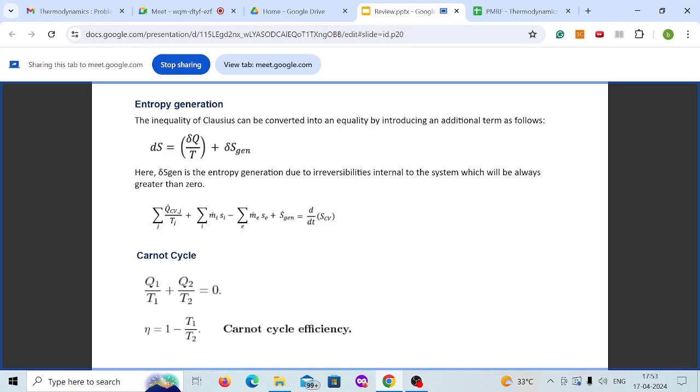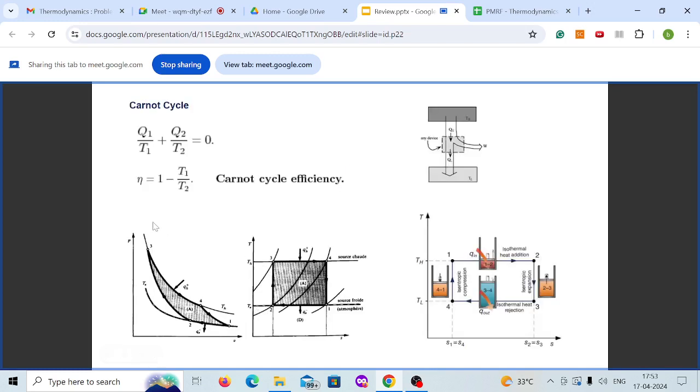So he came up with the idea of creating an ideal cycle which is totally reversible, and estimating the efficiency of a cycle which gives the maximum possible work you can extract from a heat engine. With that he created the Carnot cycle. This is how a Carnot cycle works.